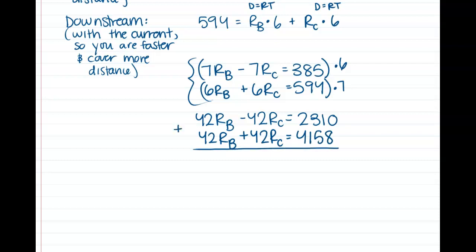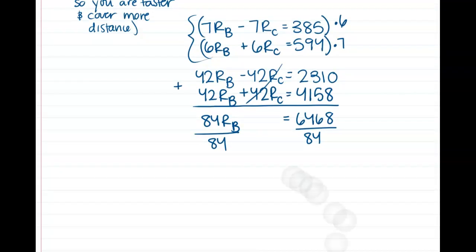Let's add these together, and when we do that, we have 84 times the rate of the boat, the rate of the currents cancel. 2,310 plus 4,158 equals 6,468. Divide by 84. And we know the rate of our boat is 77 kilometers per hour.